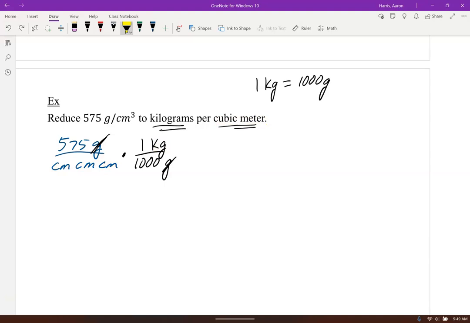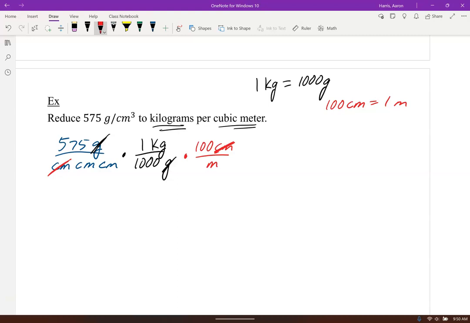So the other thing I need to know is how many centimeters are in a meter? Well, centi means 100. It takes 100 centimeters to make up 1 meter. So let's get rid of each of these centimeters. 100 centimeters per meter. One of these centimeters is gone.